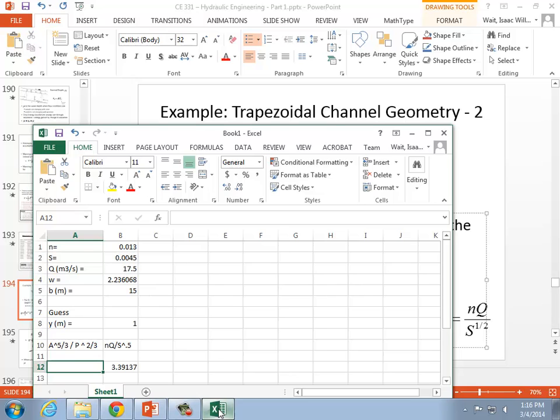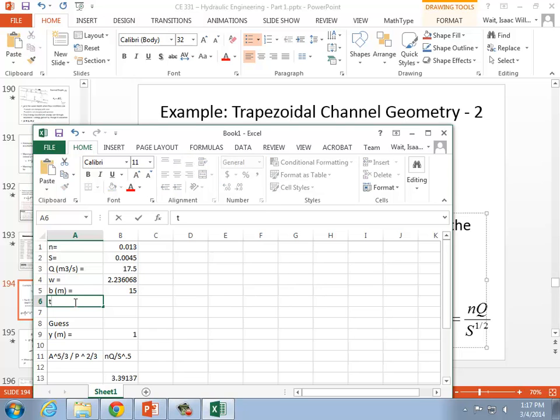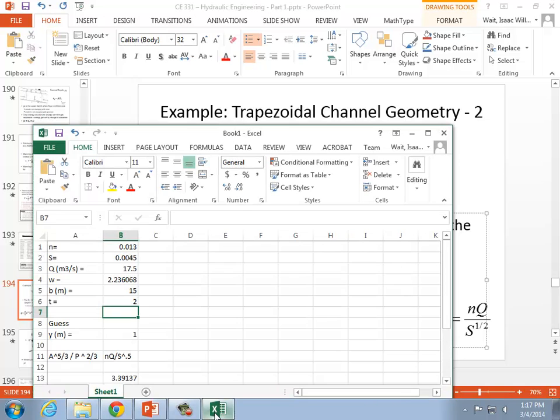Okay, so this equation is going to be the area, so A equals B plus T. Oh, I don't have T in. T is the side slope, and that's 2, because we know that the horizontal component of the side slope is 2 for every 1 vertical increase.